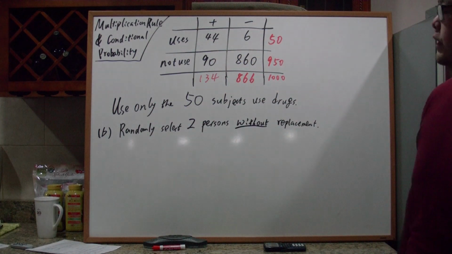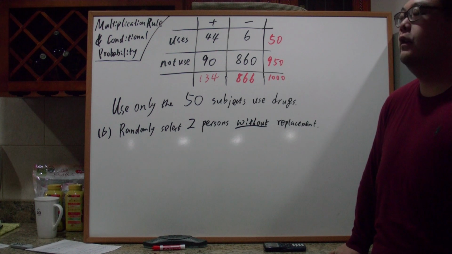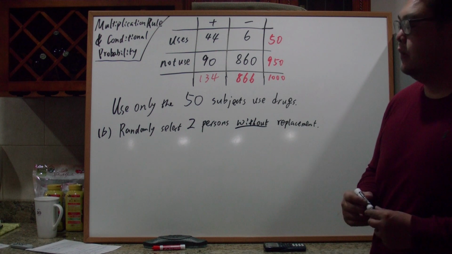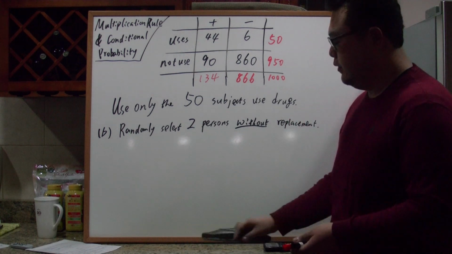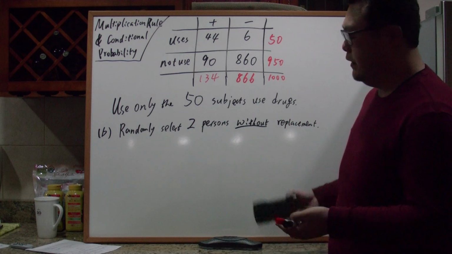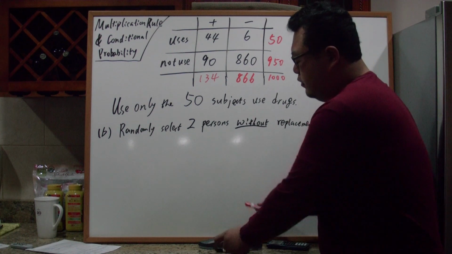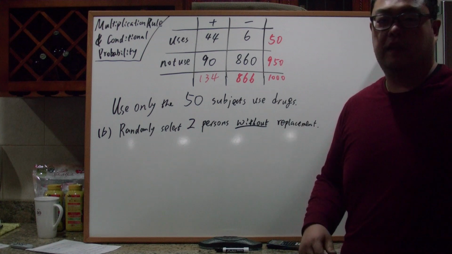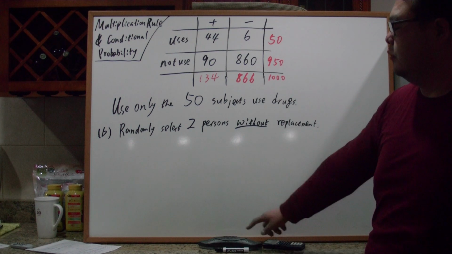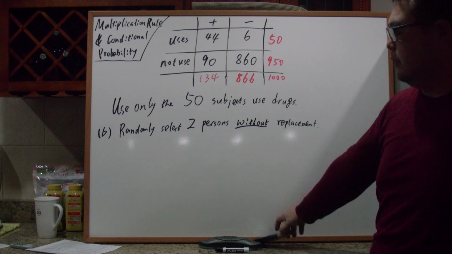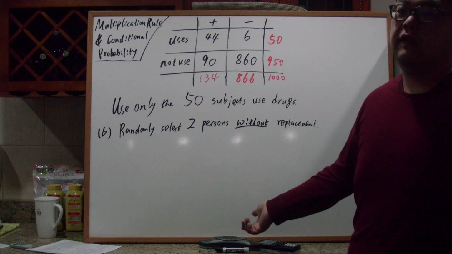Randomly select two persons without replacement. Without replacement means you do not put it back. When I have markers, an eraser, a calculator, and I select the red marker out, then save it aside, I no longer have the red marker in my selection, and whichever is left over is left over.